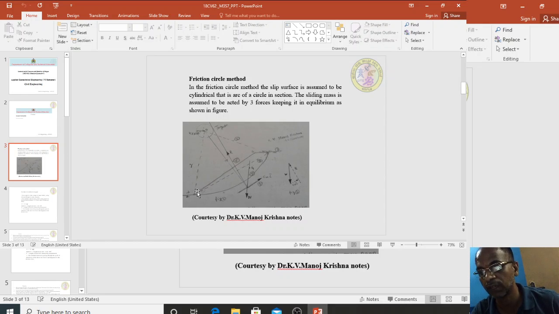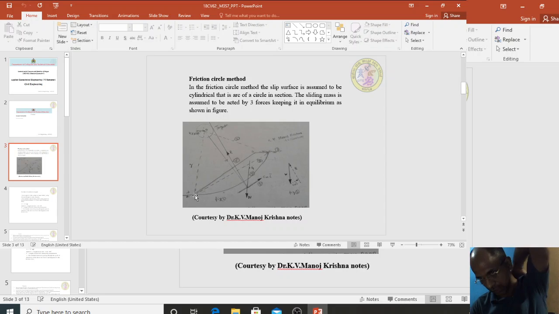To find the volume, we should know the area of the sliding soil mass ABDA, bounded by the curvilinear length DA. To get that area ABDA, the following procedure is adopted. Let us consider the triangle area OAD.